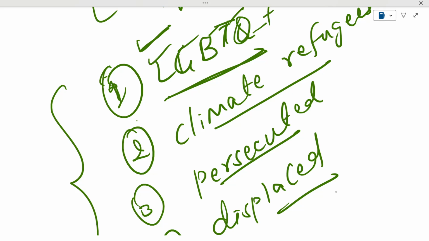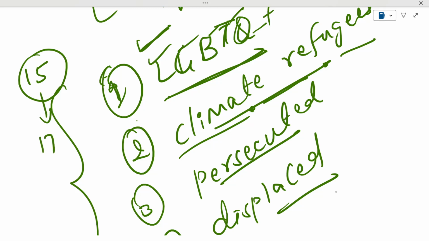Second were climate refugees. If you are not aware about this, because of climate change, the temperature is increasing. Earlier, the Earth was at 15 degrees, and now the Earth has already got hotter by 2 degrees centigrade.